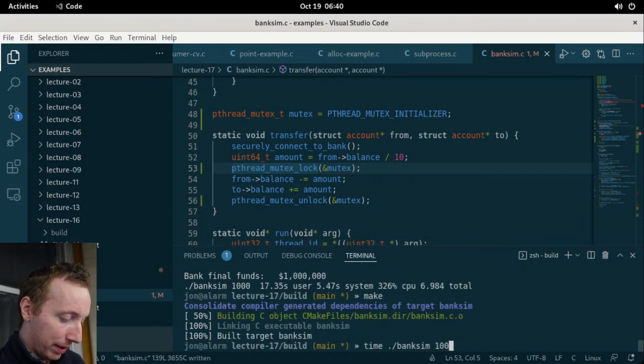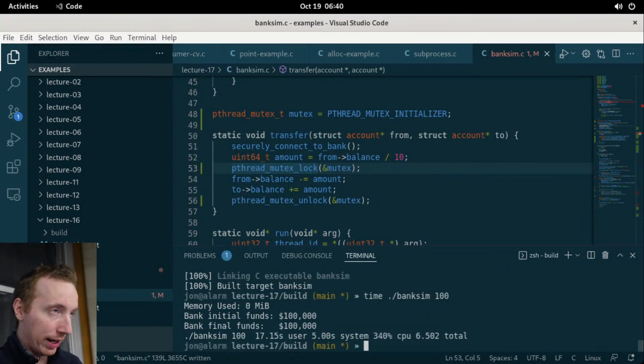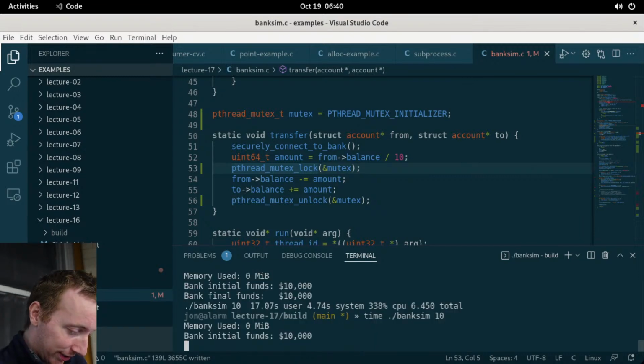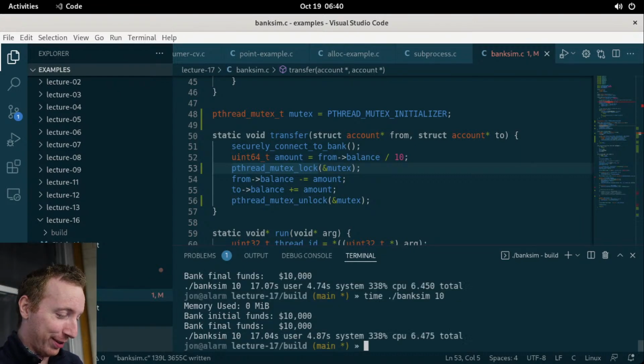So not a too big to fail bank. Let's just do 100. So if we run this, we'll probably see that it is, okay. Hey, it worked. So this makes it a lot rarer. Oh, geez. It is not actually the solution.